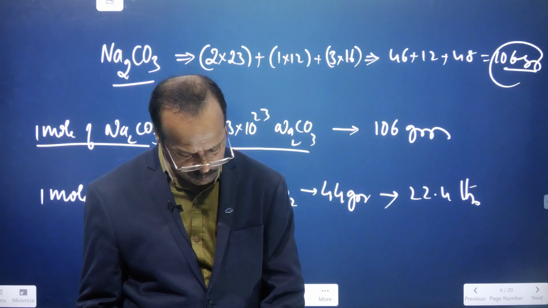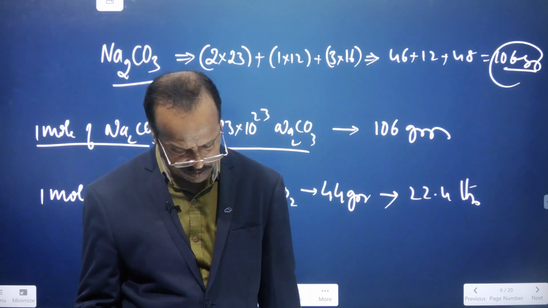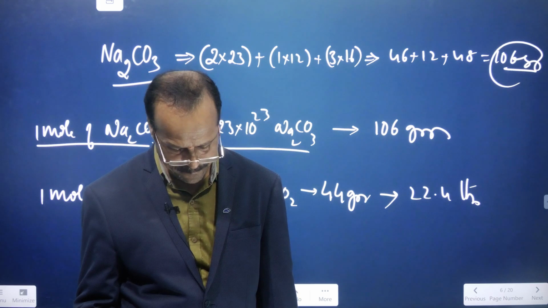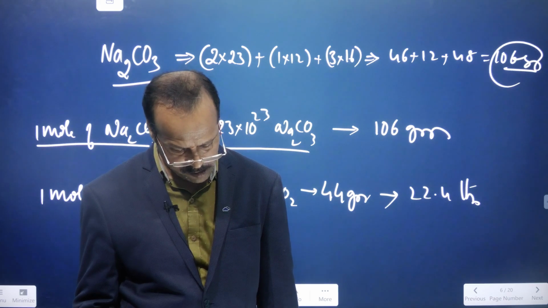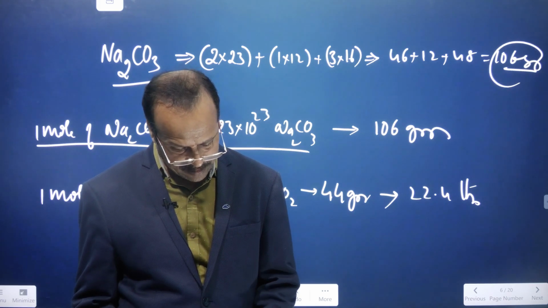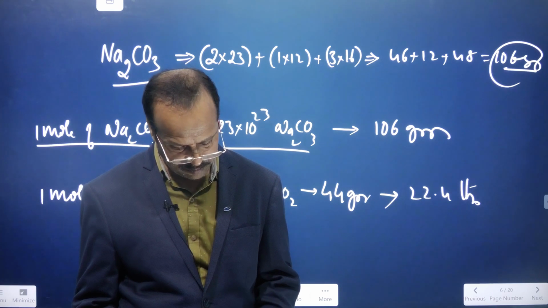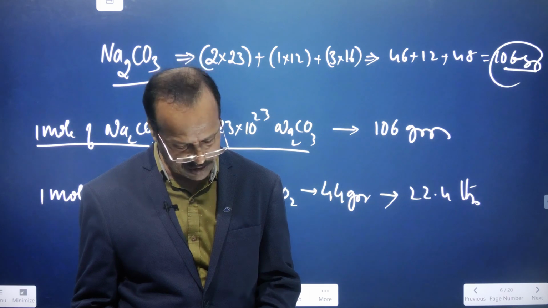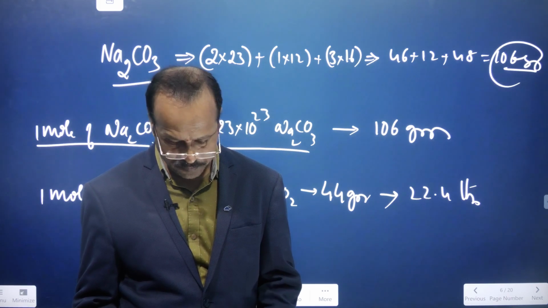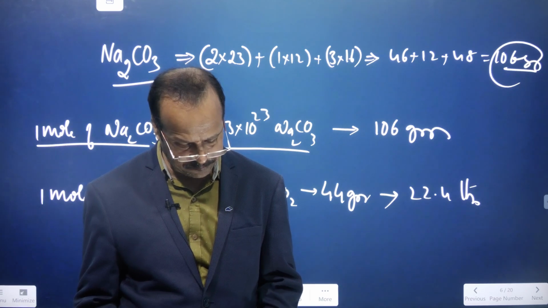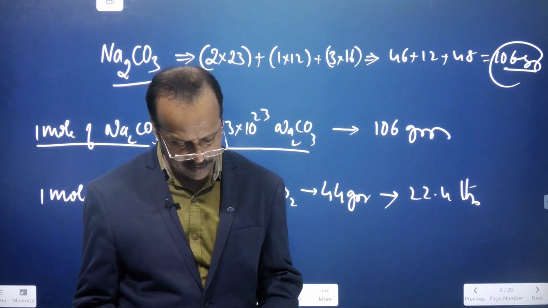And the formula mass of V is, what is V? The gram molecular formula is not given, so that question is printed wrong, so leave it. Otherwise, if you take calcium carbonate, you will get 100 grams.